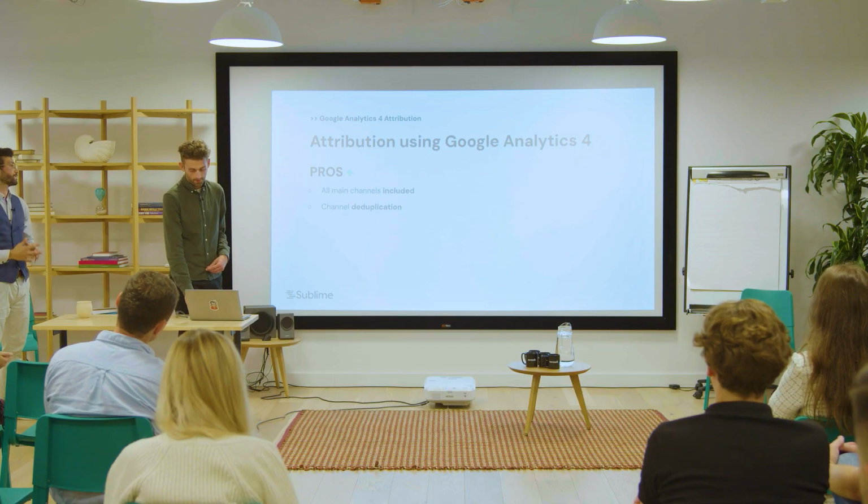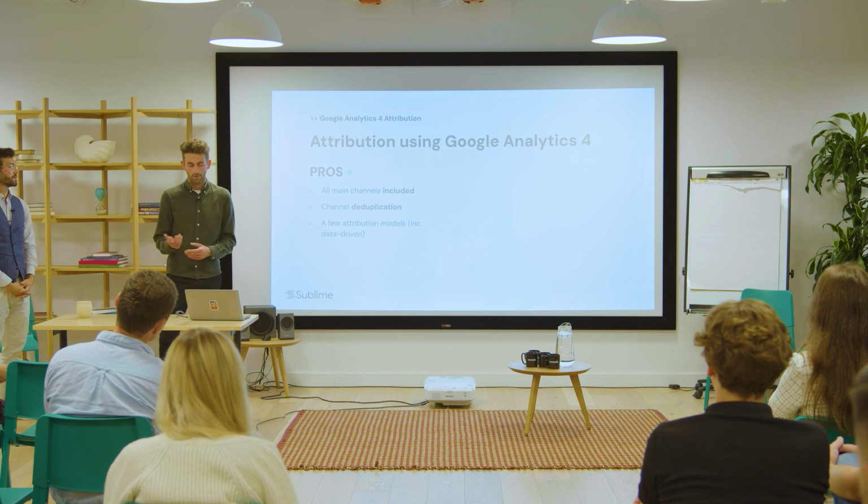So you get to see the duplicated results between Meta, Google Ads, and TikTok. This is a very big win. Also, you have a few attribution models which you can choose from and compare, and they will all be applied evenly to all the channels.